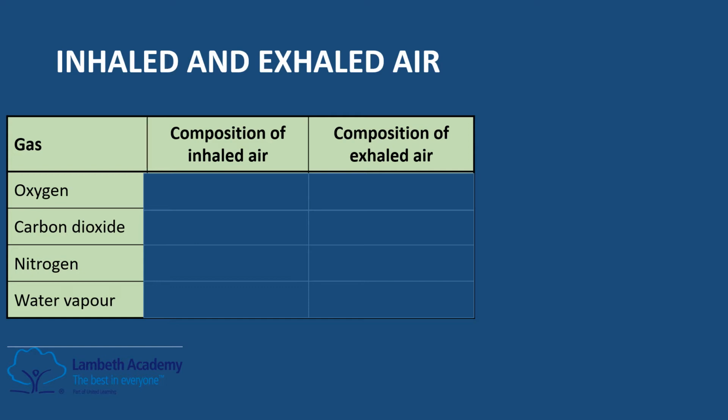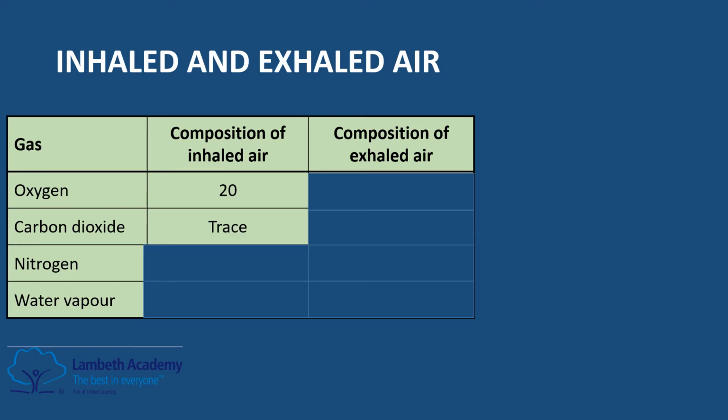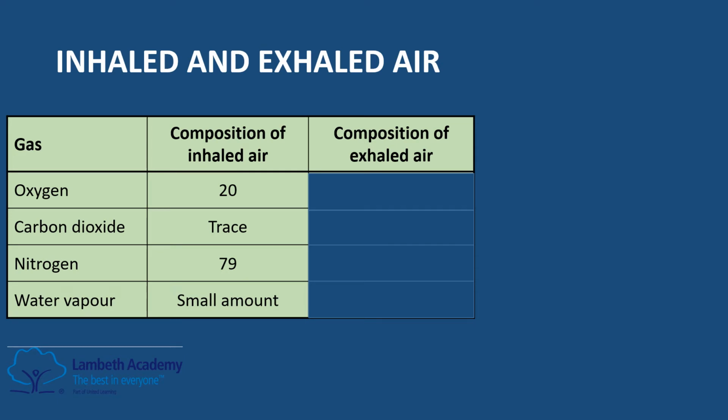When we breathe in, we are breathing in around 20% oxygen. We're breathing in a trace of carbon dioxide, which means it's not quite enough to be measurable, but it is still there. And 79% of what we breathe is actually nitrogen. There will be a very small amount of water vapour whilst we're breathing in too.